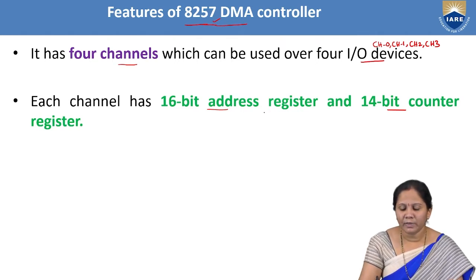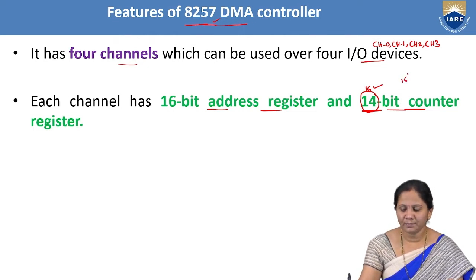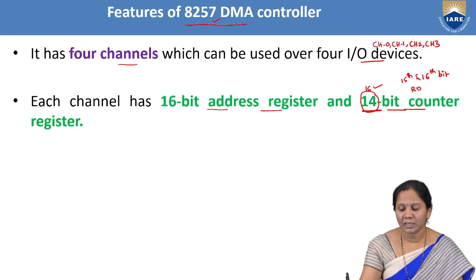Generally, the address register is 16-bit and the counter register is also 16-bit. But why is it represented as a 14-bit counter register? Among this 16-bit counter register, only 14 bits are related to the count, whereas the 15th and 16th bits say the mode of operation, that is, the read and write operation.